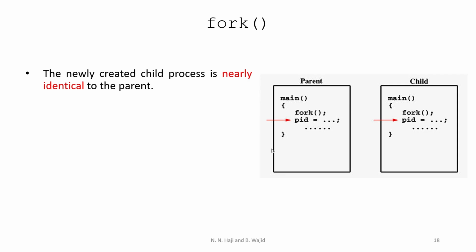Now, what really happens? So this is the parent process, and it has its own ID, process ID. Let's say it's 1000. Then what happens during the execution? A fork call is made.